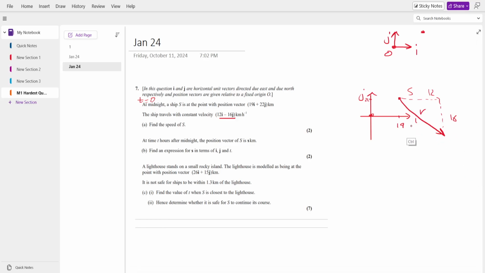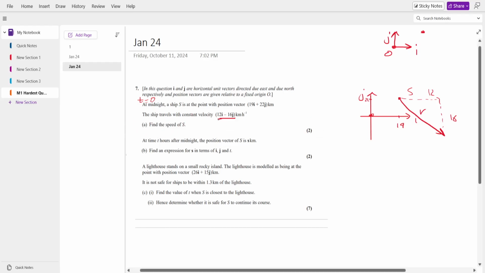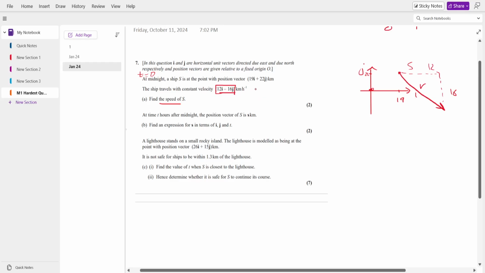Okay, so the question wants us to find the speed of S. So I know that this is the velocity vector. Speed is scalar, so speed is the magnitude of velocity, and let's call this velocity vector v. So the speed is going to be the magnitude of v, and to find the magnitude, it's equal to the square root of the i component squared plus the j component squared.